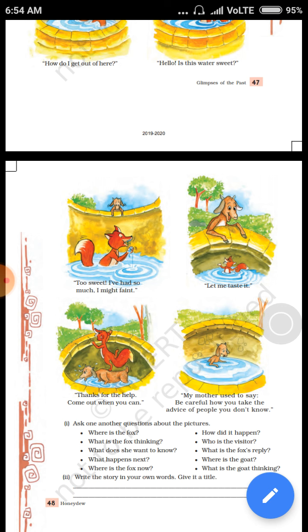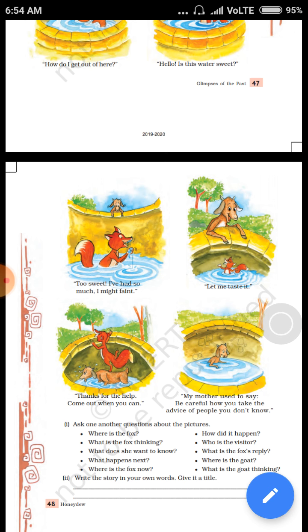You can think about probable questions and their answers. Now you are ready to write the title of the story and the story about the pictures.